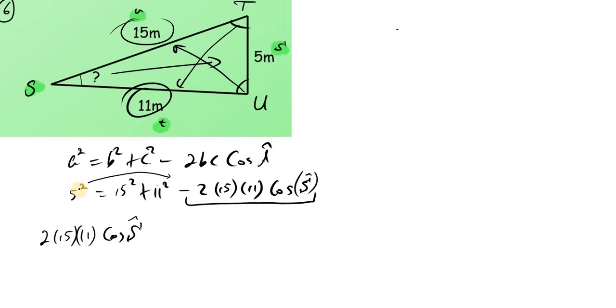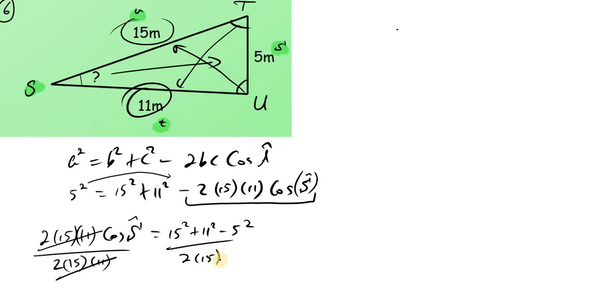I'm going to transpose the 5 squared over, so that's 15 squared plus 11 squared minus 5 squared. Then I can get rid of this 2 times 15 times 11 by dividing over here as well by 2 times 15 times 11.